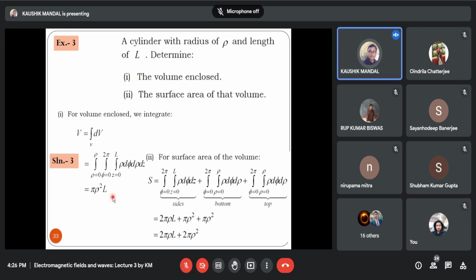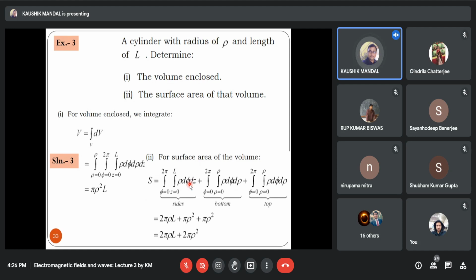Yes, that means if we consider a container, there is a top, there is a bottom, and there is the side. So one by one, you have to consider 3 different surfaces. First, if you consider the side, that means one.